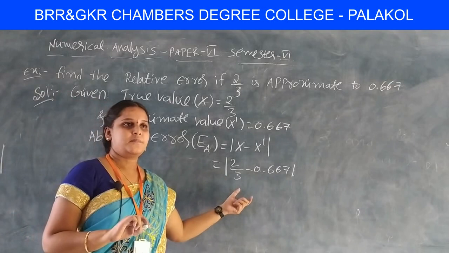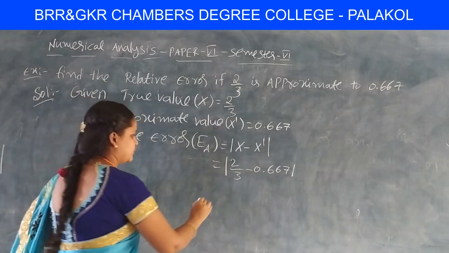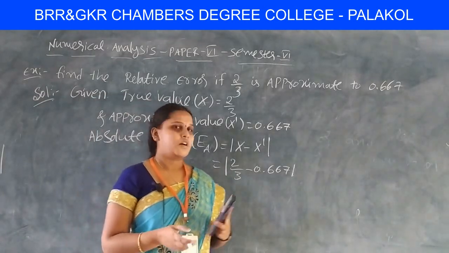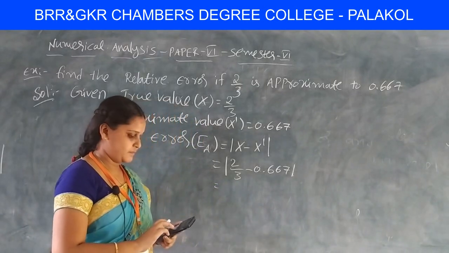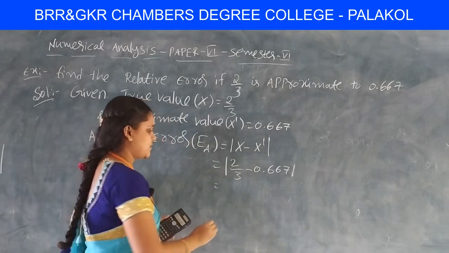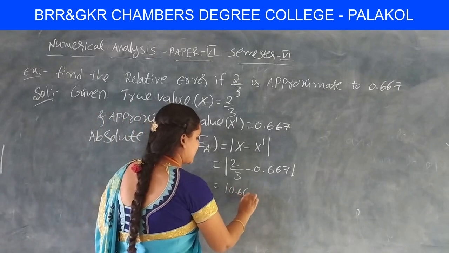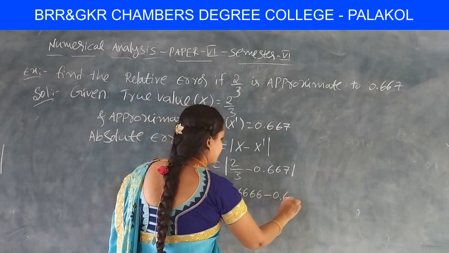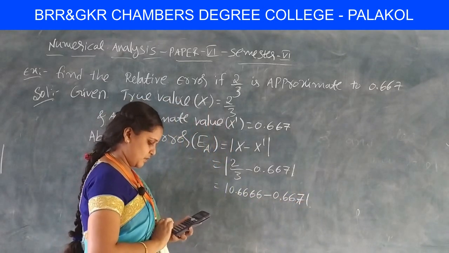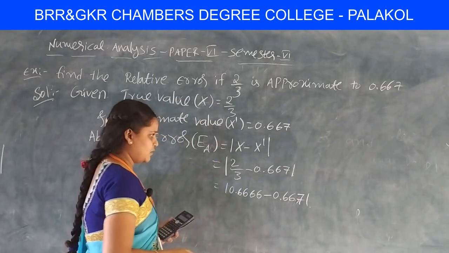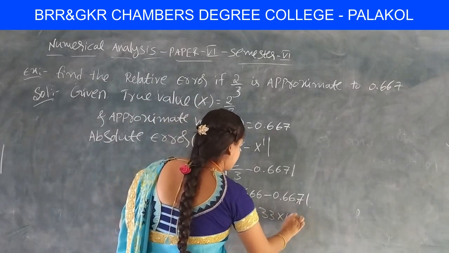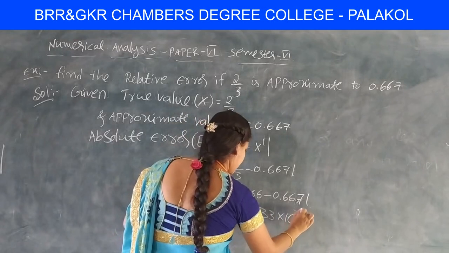We find this value using the Casio calculator. The value of 2 by 3 is 0.6666..., minus 0.667 gives minus 3.3333 into 10 to the power of minus 4.